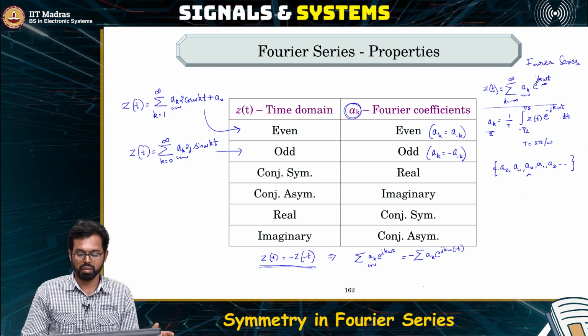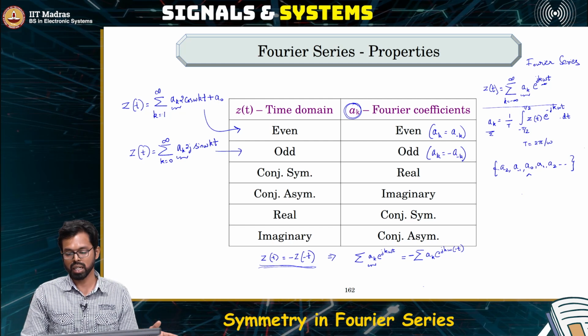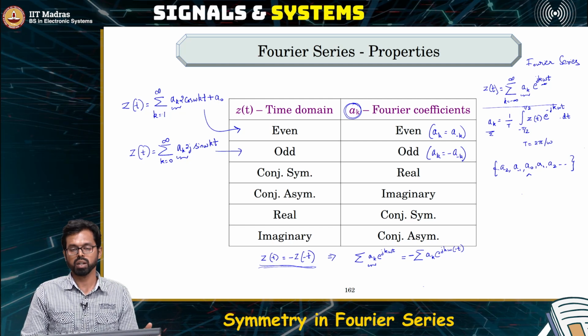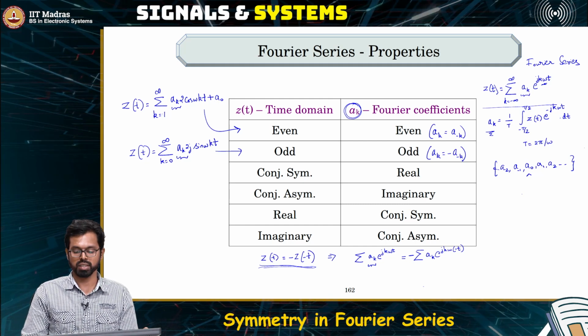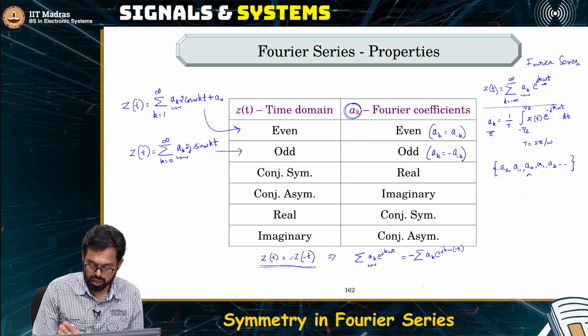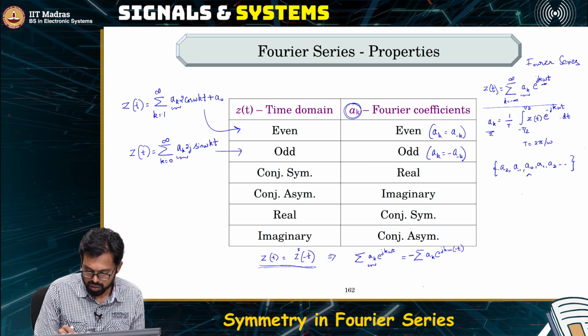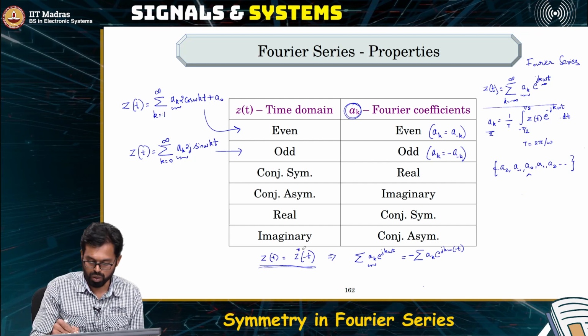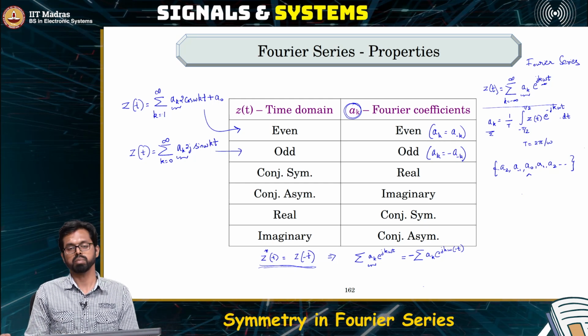Okay, so what if we have a conjugate symmetric signal z of t in time domain? How does it look in the frequency domain, or how does it affect the Fourier series coefficients? Let's see that. So what is conjugate symmetry? z of t is z star of minus t, or in other words, z star of t is equal to z of minus t.